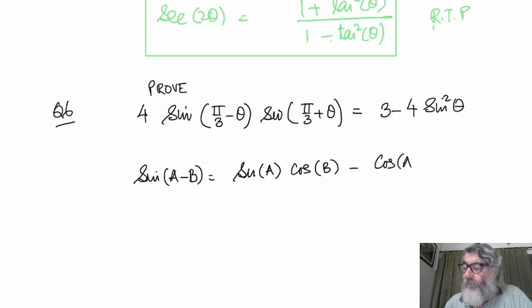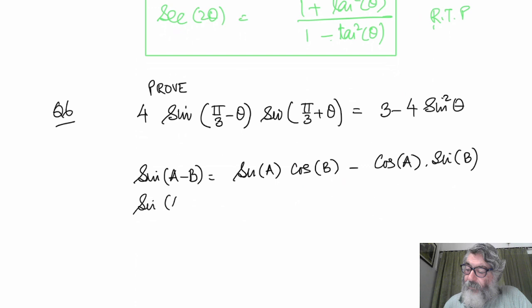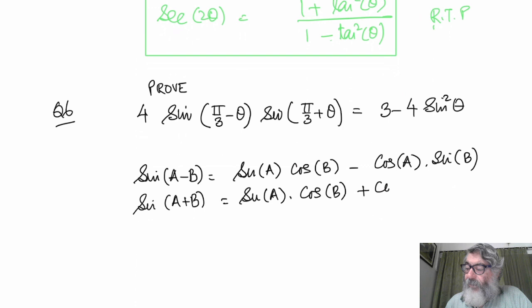This is the basic formula which all of us learned in the beginning. And what is sine (a plus b)? Sine (a plus b) is sine a cos b plus cos a sine b.